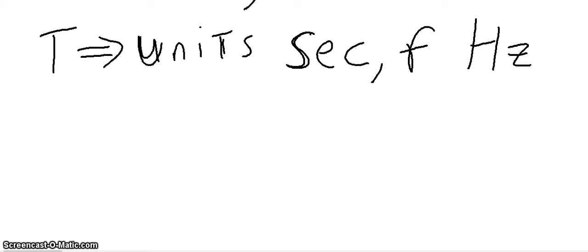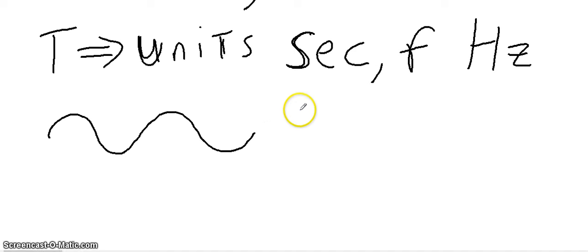All right, let's do a quick example. So suppose someone were observing a wave, and the wave was repeating in time. So with waves, you just look for the corresponding parts of the wave.